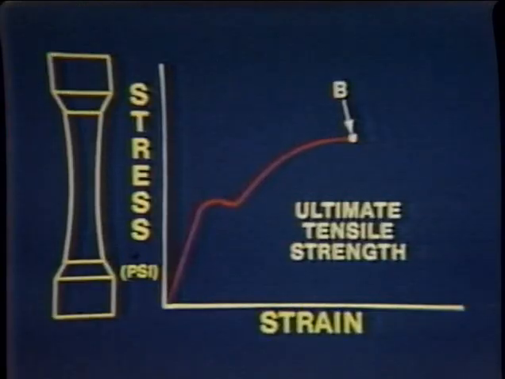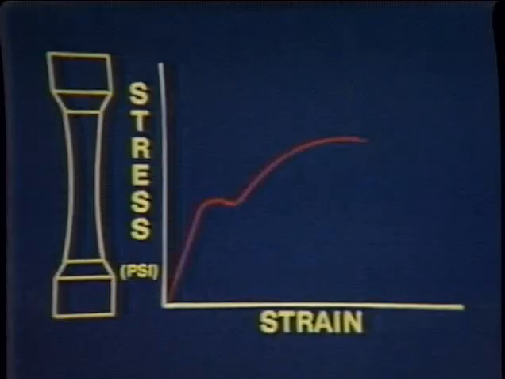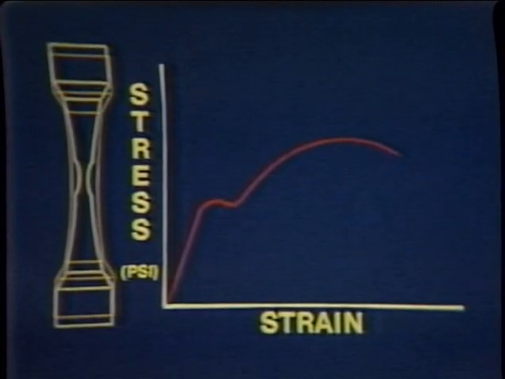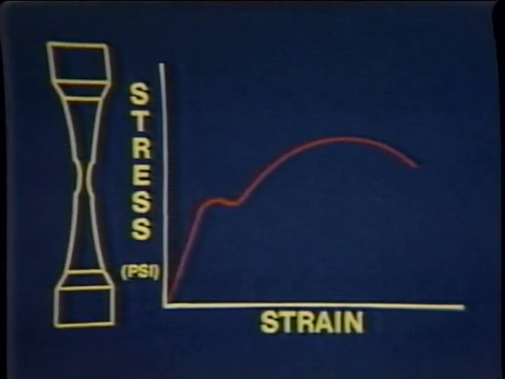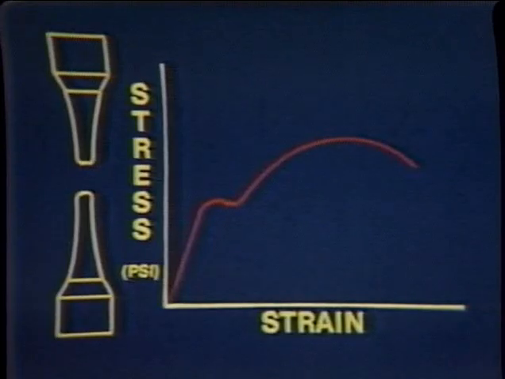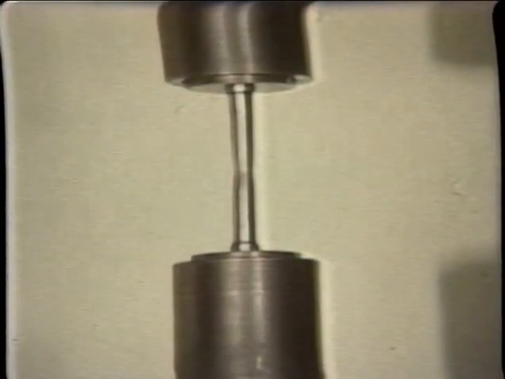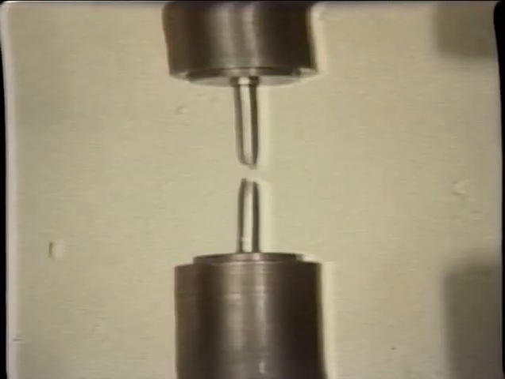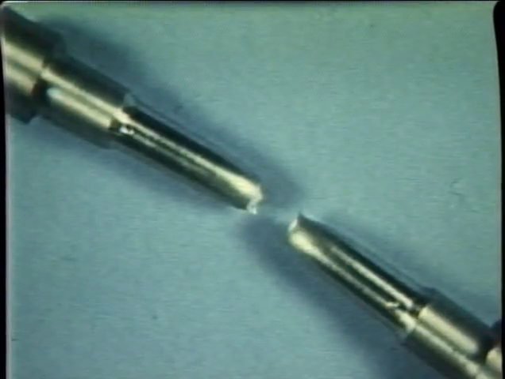Once the ultimate strength is achieved, the actual stress may decrease as the material fails. This is due to the significant reduction of area, which occurs in later stages of the test. The broken specimen is used to calculate ductility through percent elongation and percent reduction of area.